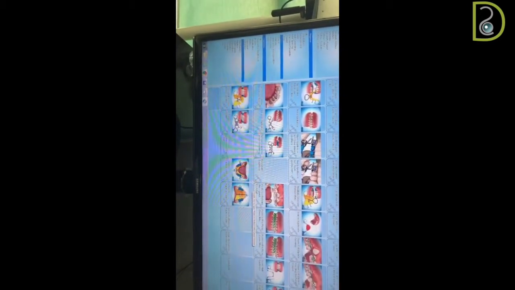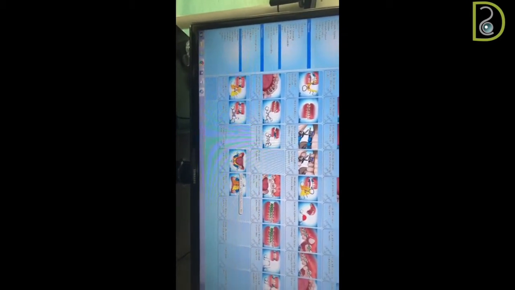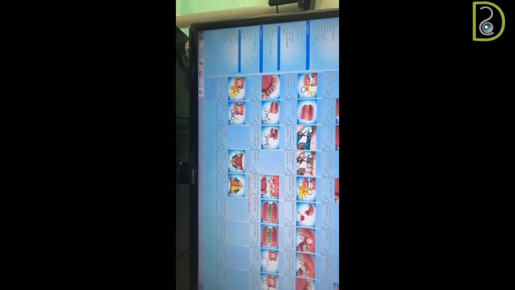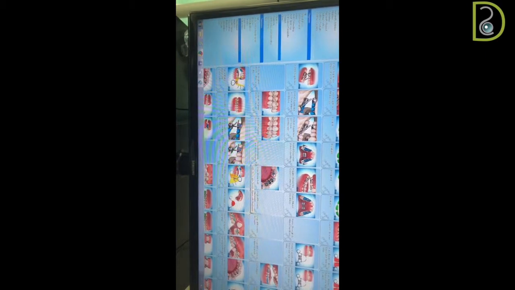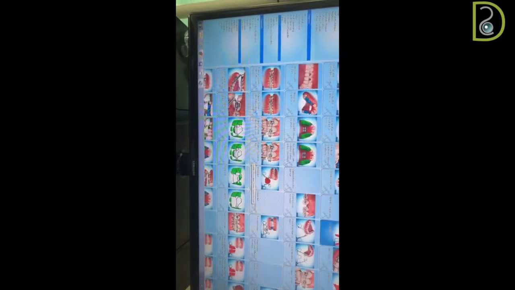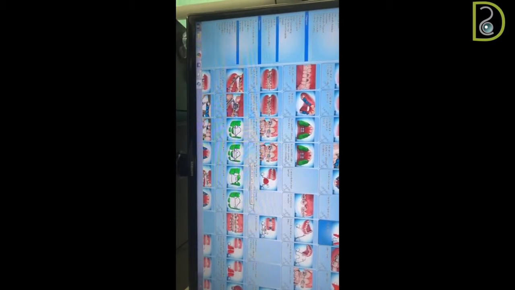designs, different appliances. One of the common appliances is the twin block. But I don't see it here.